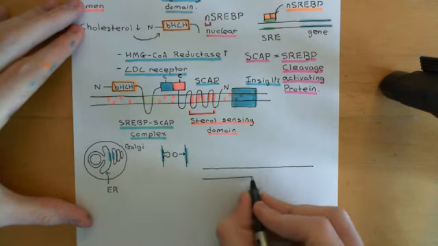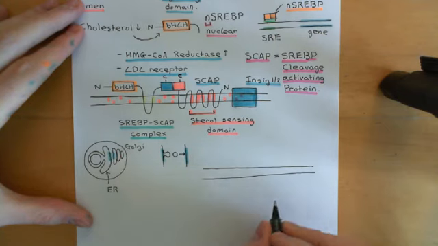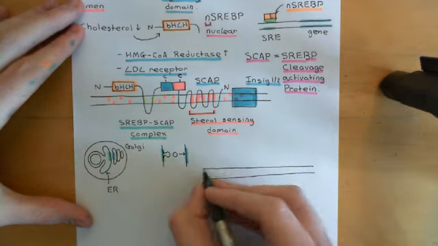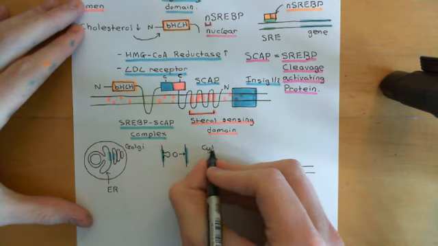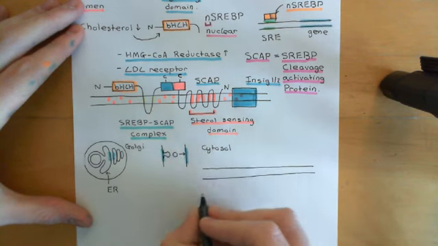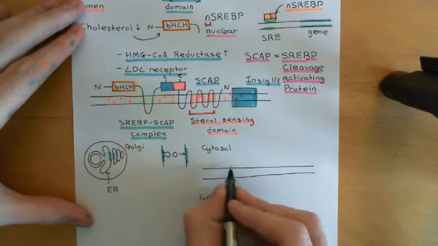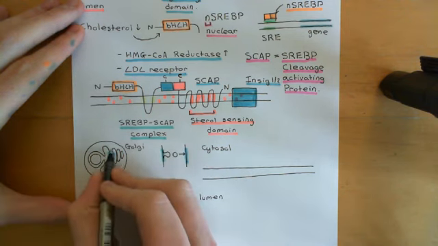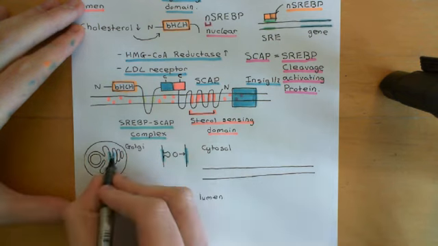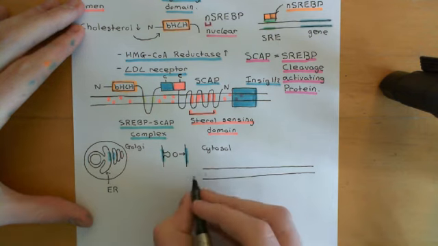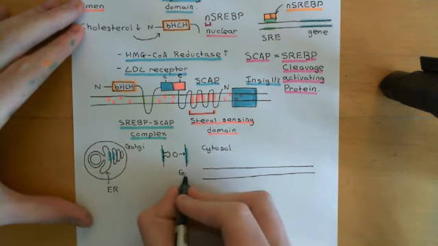Now I'm drawing a picture of the Golgi membrane here. Once again, this can represent the cytoplasmic side, above, and this can represent the lumen of the Golgi side. So this side is facing into the cytoplasm, and this side is facing into the lumen of the Golgi. And this is the Golgi membrane.